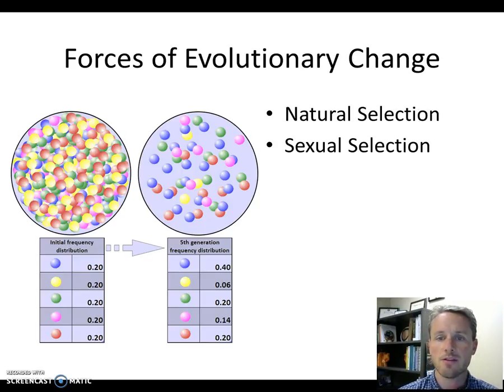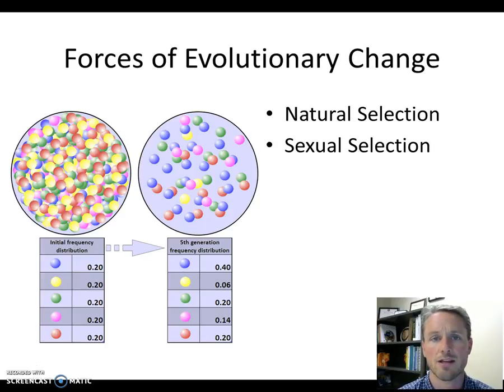So remember, in either of these cases, a certain allele is beneficial in that it allows the organism to survive better in its environment, thus having more offspring and making that allele more common. Or in sexual selection, it allows the organism to reproduce more successfully and more often, having more offspring and making that allele more common in the population.